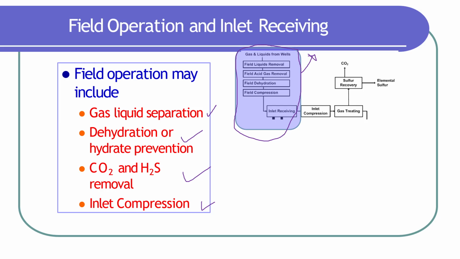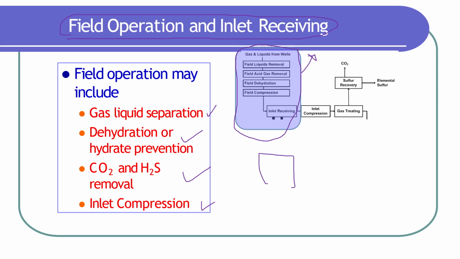And why is that? Because it's so important, because during the transportation of the gas, you want to make sure that hydrate will not form. So you want to reduce the quantity of water to an acceptable level, so that hydrate will not form, for example, during the transportation between the gas field and the natural gas plant. So here I'm talking about what we call the field operation. Field operation means that I'm extracting the gas.